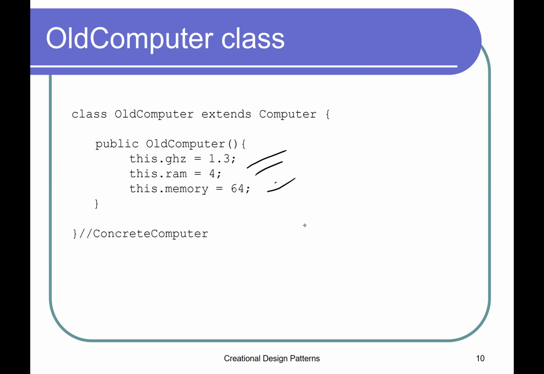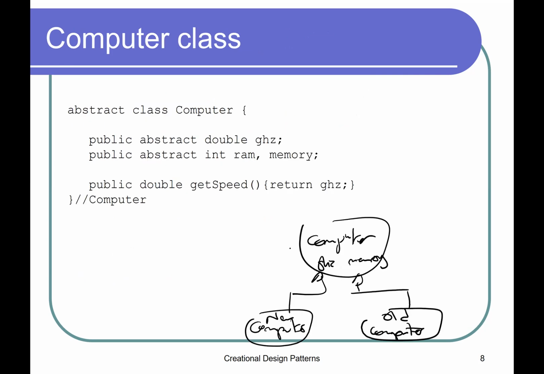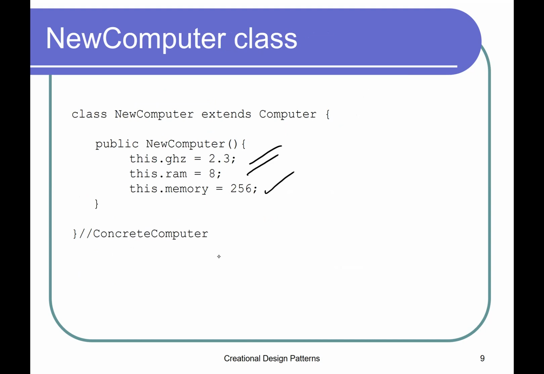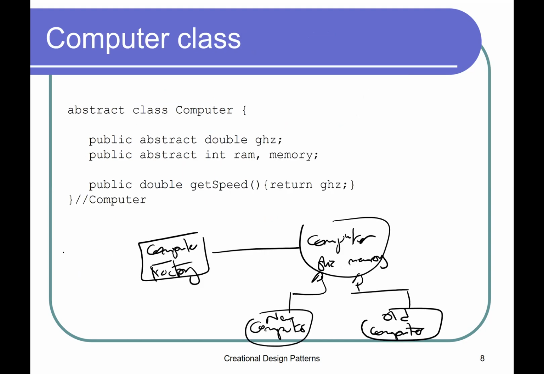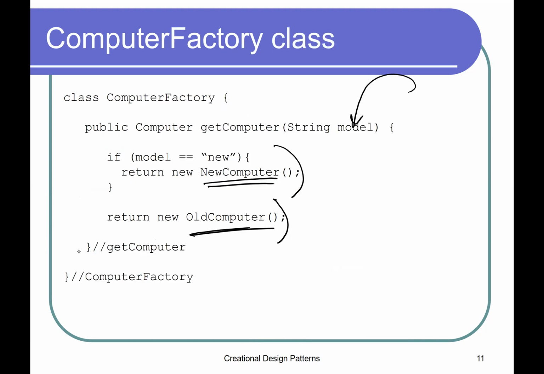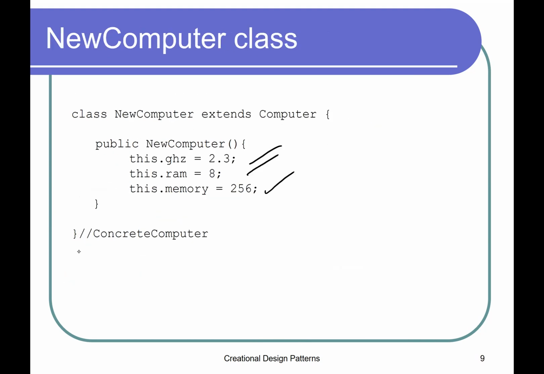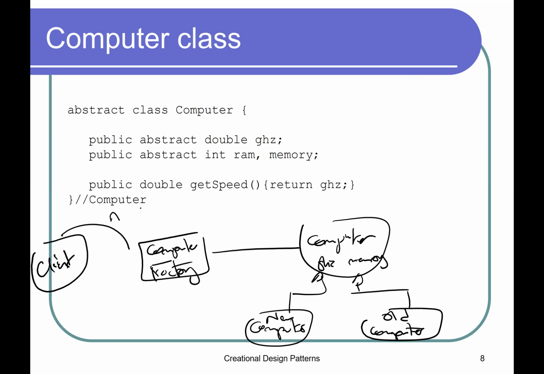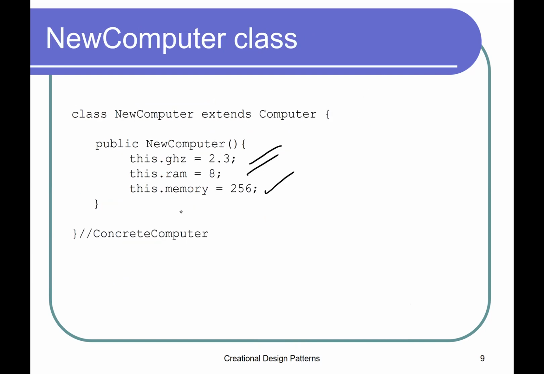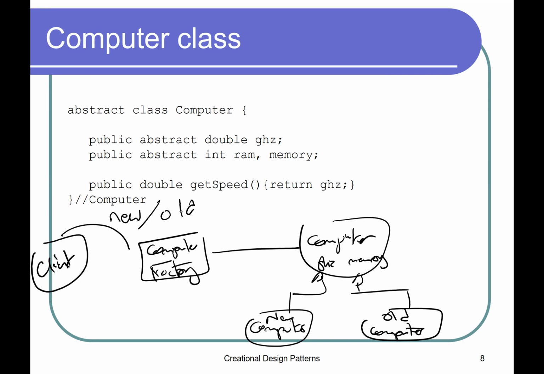So the computer factory gets requests from the client, and all it's asking is that you tell me, am I getting new or am I getting old? And I'll figure out the details myself.